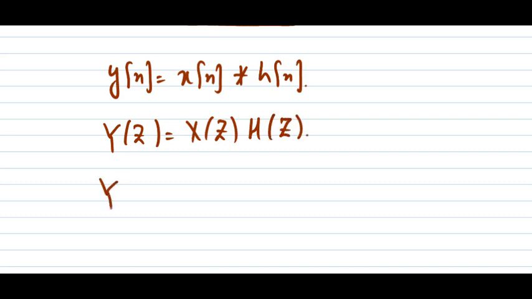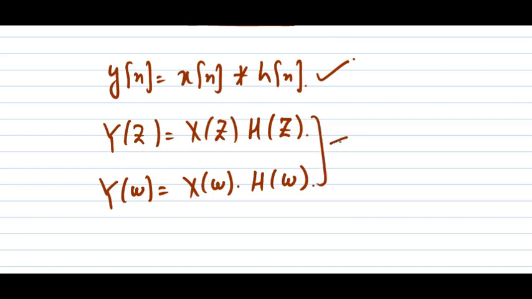Similarly, in the frequency domain, Y(omega) is also equal to X(omega) multiplied by H(omega). So in the time domain we have convolution, and in the z or frequency domain we get multiplication.